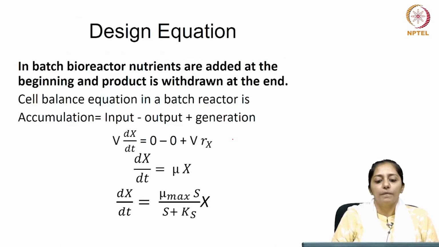Let us move on to the design equation for a batch reactor. In a batch bioreactor, nutrients are added at the beginning and the products are withdrawn at the end. So, there is no intervention during the cultivation period, and hence it is called a closed system.